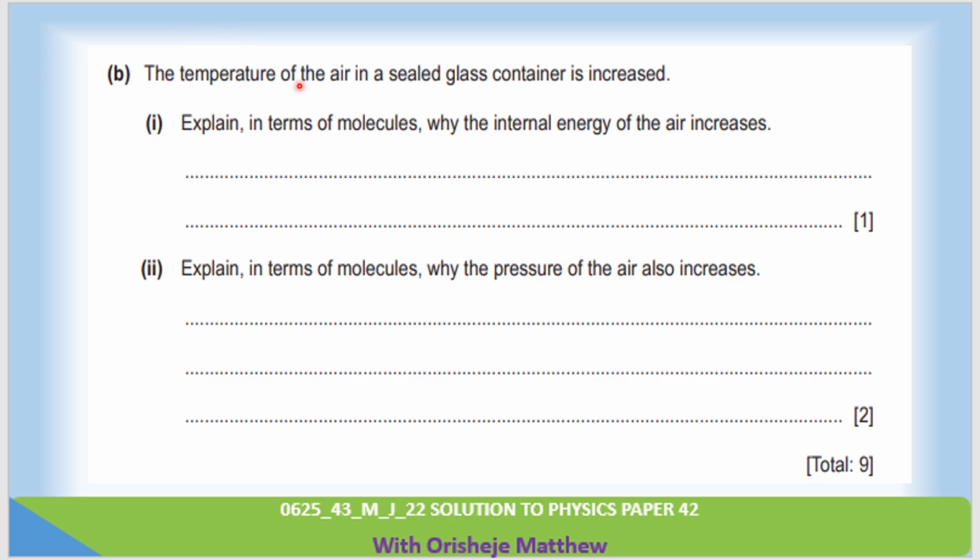Now the temperature of the air in a sealed glass container is increased. So look at kinetic theory. Explain in terms of molecules why the internal energy of the air increases.